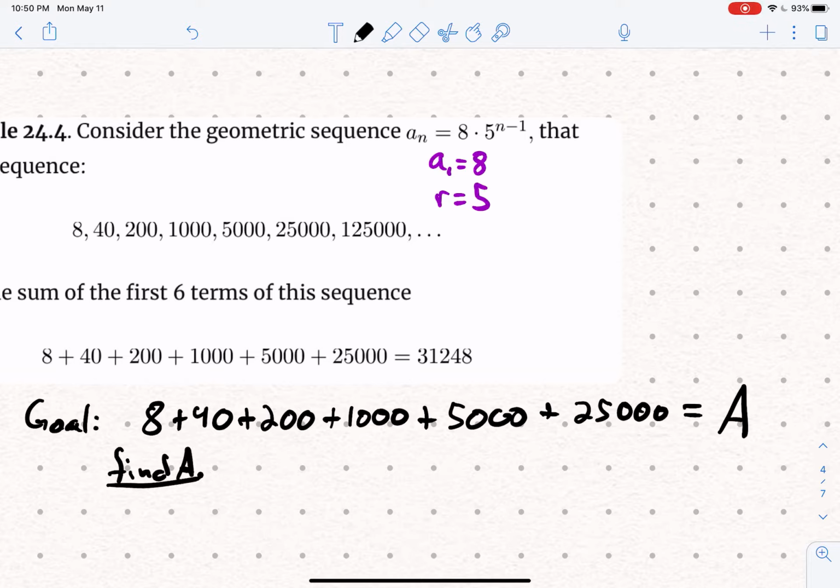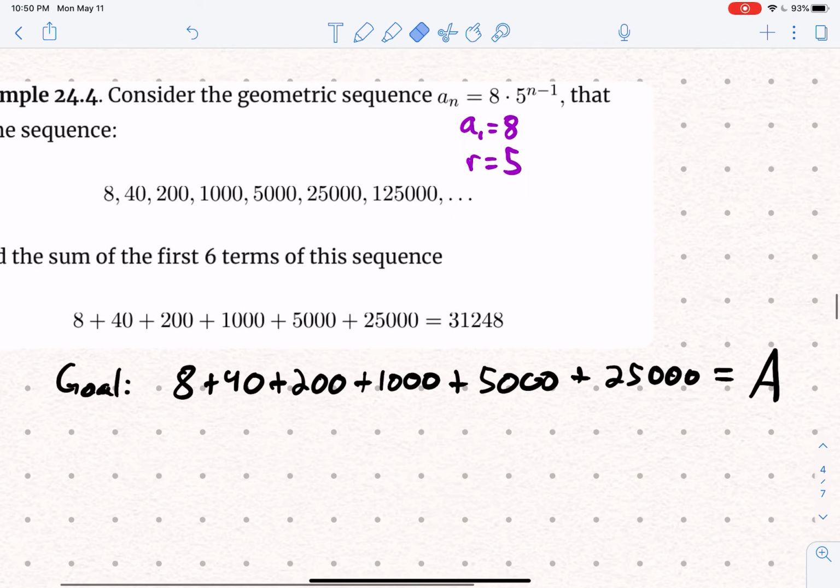So here's what I'm going to do. We want to find A. Down below A, I am going to multiply A by negative 5.